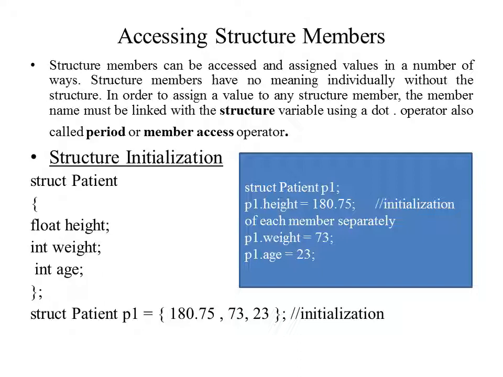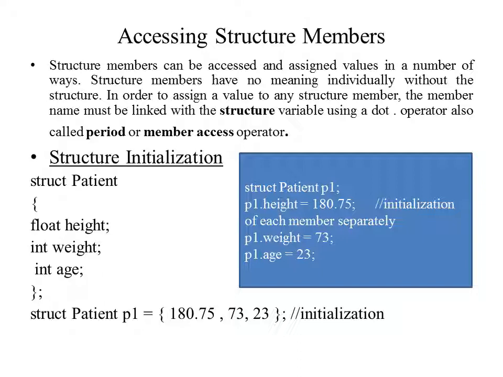In the blue box you can see the alternative method. This is the direct initialization, 180.75, 73, 23 in the curly braces shown below, or we can use the blue box method: struct patient p1, then p1 has its own 3 members, height, weight and age. So we can use the dot operator.